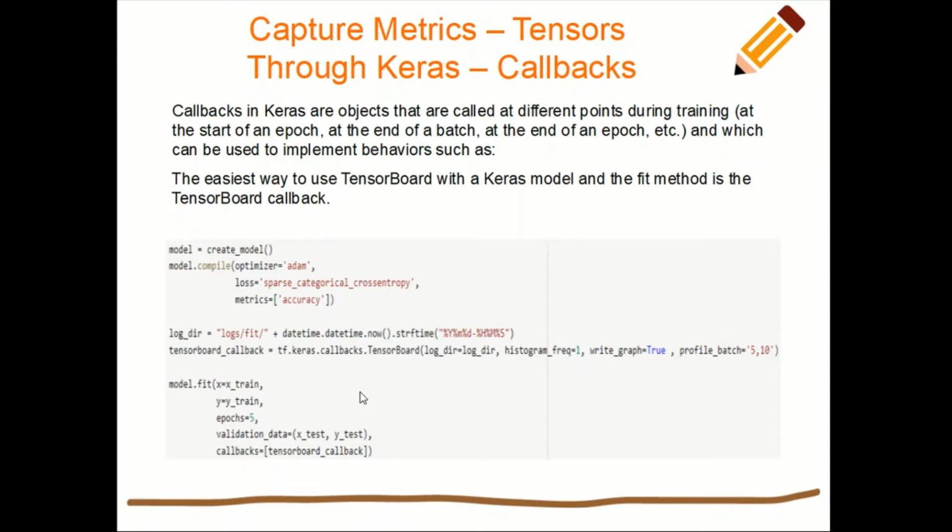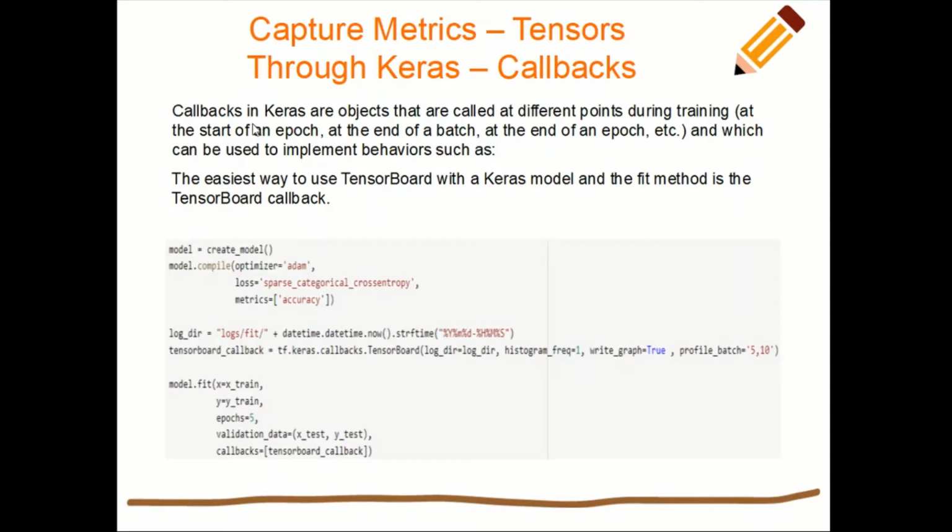Now, so far what we have talked about is basically capturing the scalars, graph, and tensors through the tf.summary API. But there is also an easier, simpler way, and that is through the Keras callbacks.